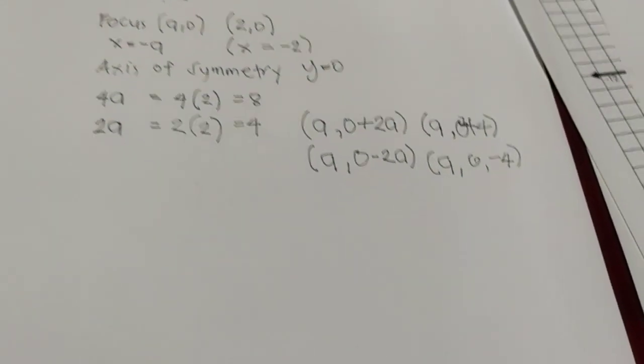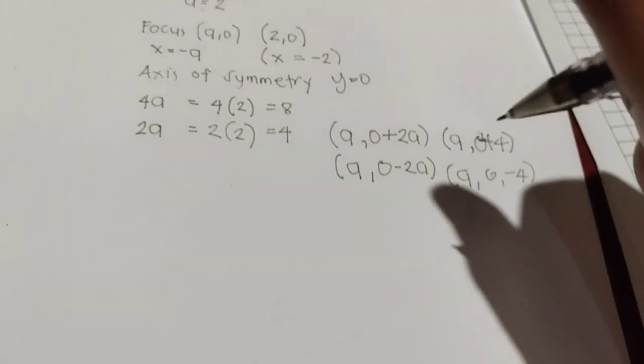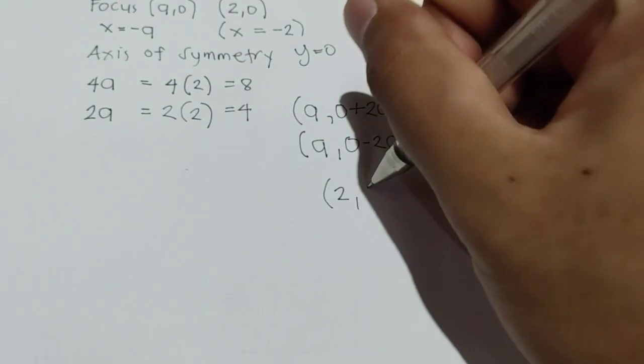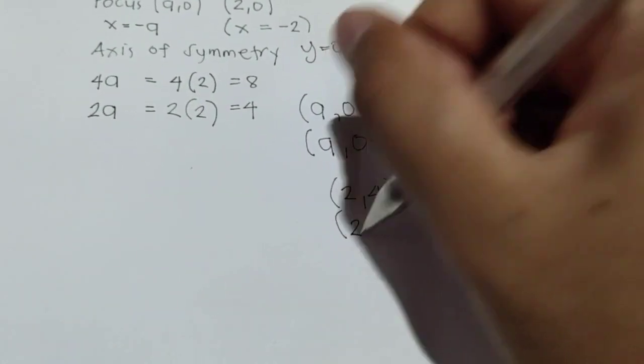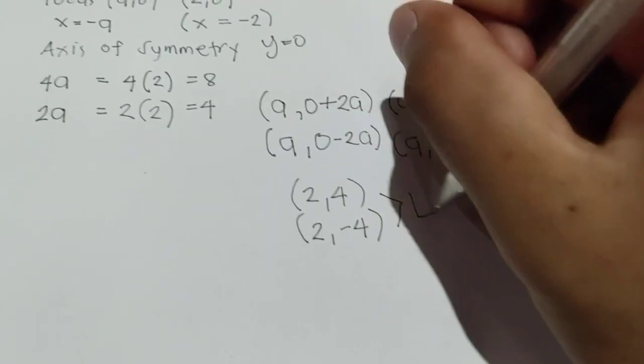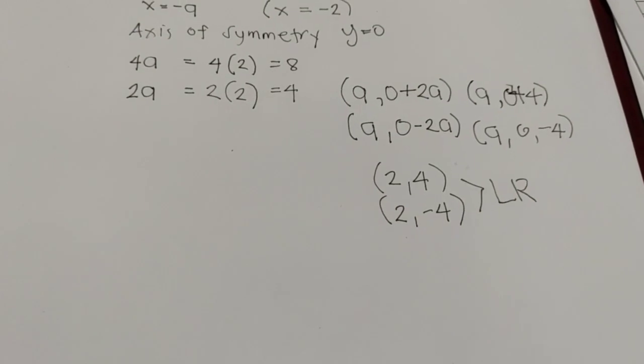So the endpoints of the latus rectum of this parabola are (2, 4) and (2, -4).